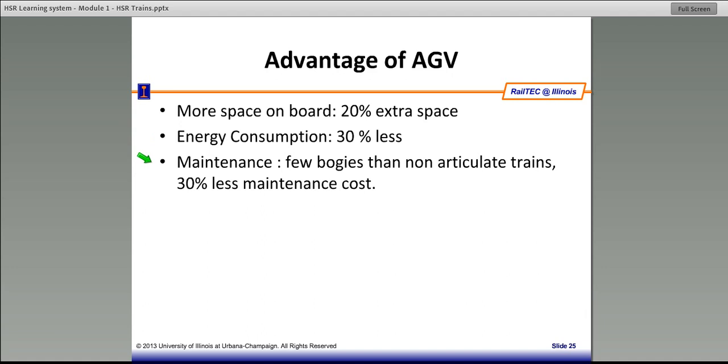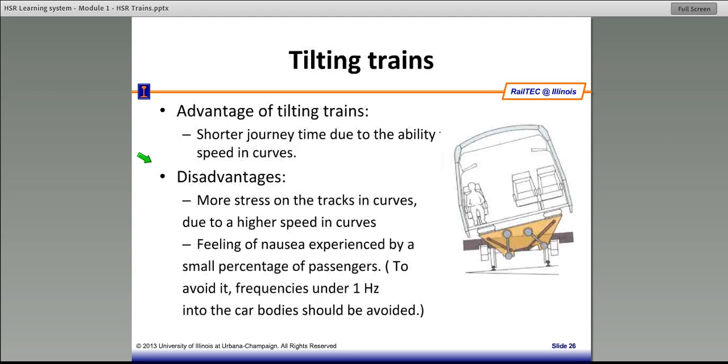And then the maintenance is also less. Of course, this is because of their articulated technology. So AGV probably tried to improve or enhance the high-speed train to the most advanced status at the present time. Okay, so that's the AGV. Let's go on.